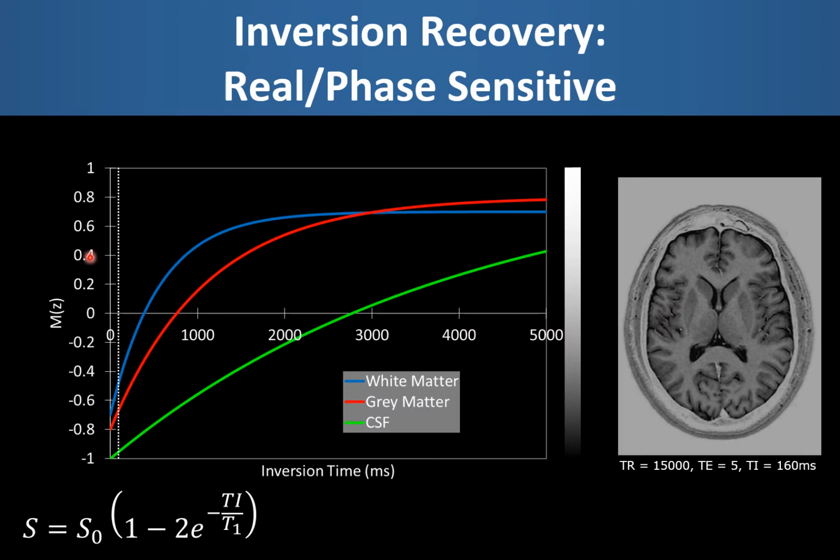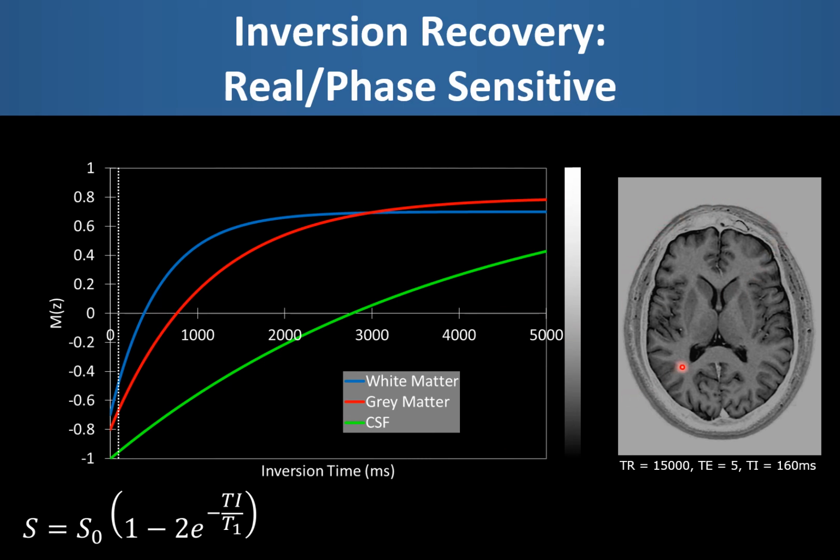Here we can see the inversion recovery curves for CSF, grey matter and white matter. In this example, we are making use of the real component of the complex data because it encodes the polarity of the magnetization. The grayscale now goes from negative to positive.